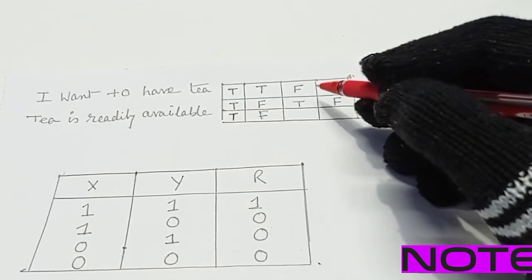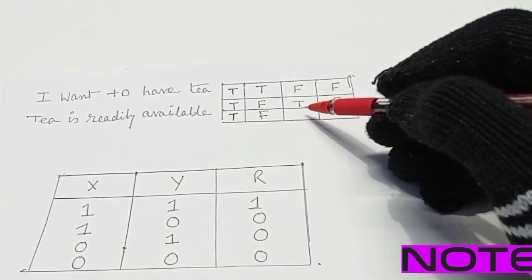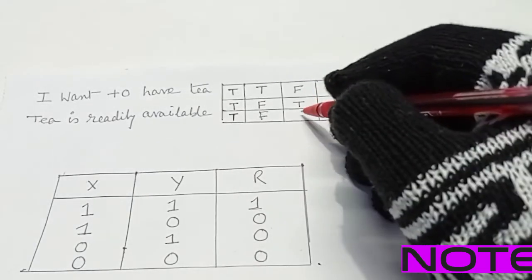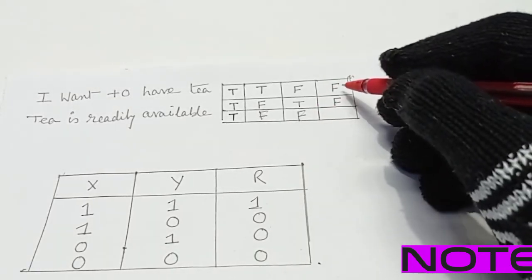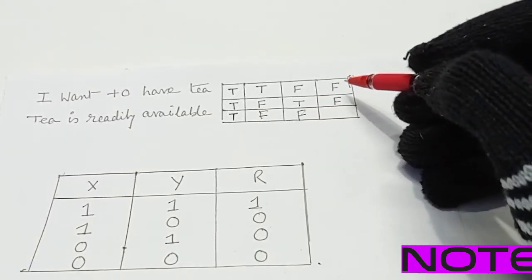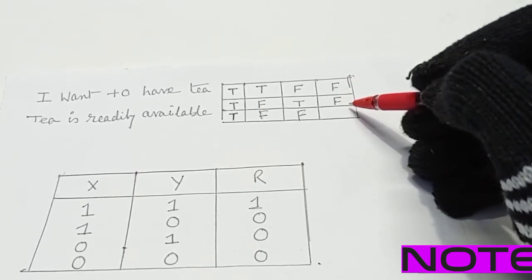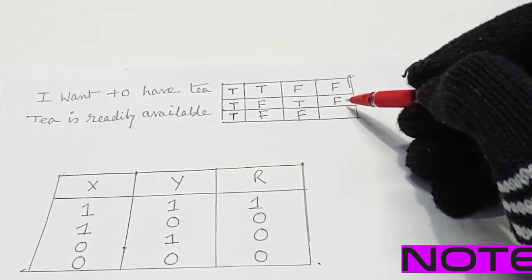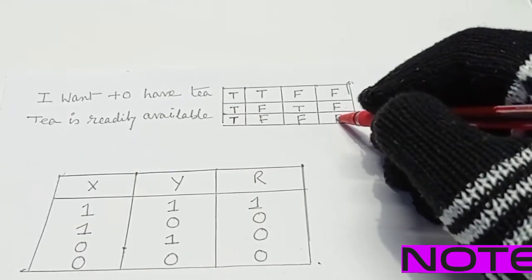I want to have tea, that is false, and tea is readily available, the output will be false. And I want to have tea, the argument is false, and tea is not available, that will be false, so the output will be false.